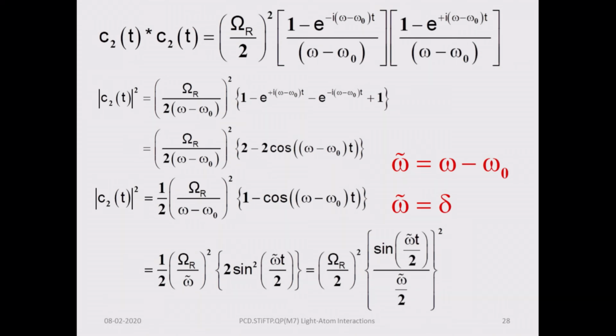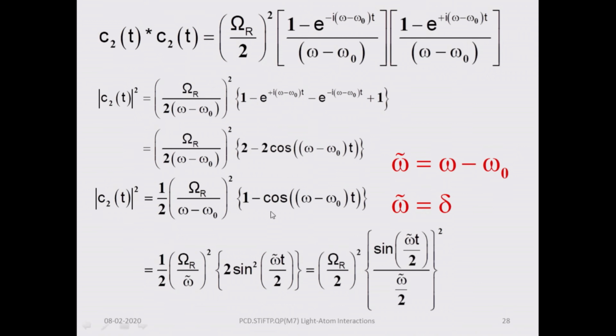This is like the detuning term. Okay? So, if omega is exactly equal to omega 0, at exact resonance omega tilde would be 0 and the field would be completely tuned to the resonant transition, but otherwise this difference omega minus omega 0 is a measure of this detuning.